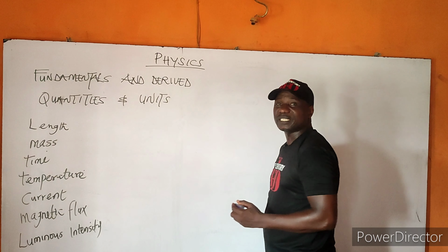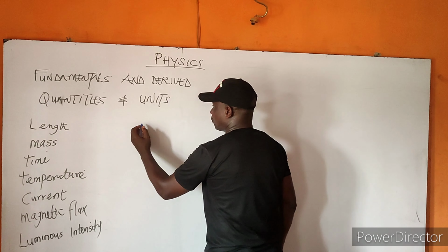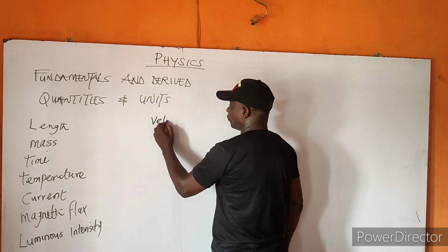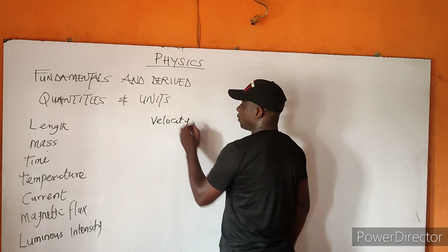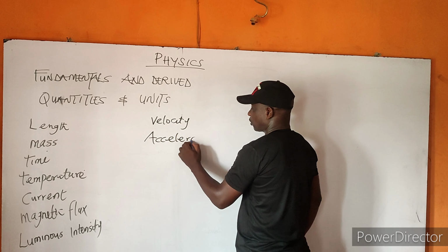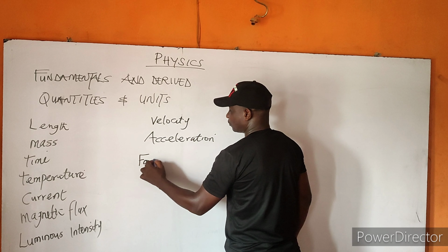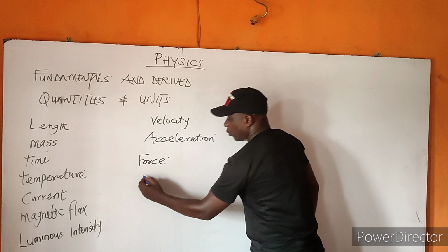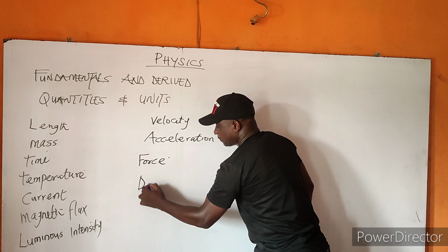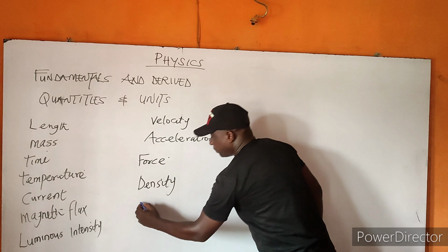Examples of these derived quantities: we talk of velocity, acceleration, force, density, pressure.